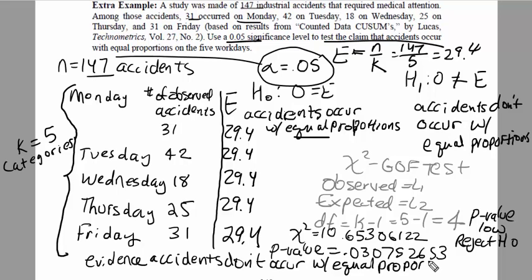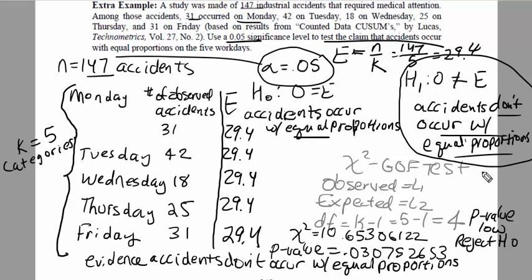And by the way, all I'm saying is that if I'm rejecting H0, I actually have support for this, that the accidents don't occur with equal proportions. So if this were the claim, then in this case, I'm saying that there's evidence to support the claim that accidents don't occur with equal proportions on the 5 work days.